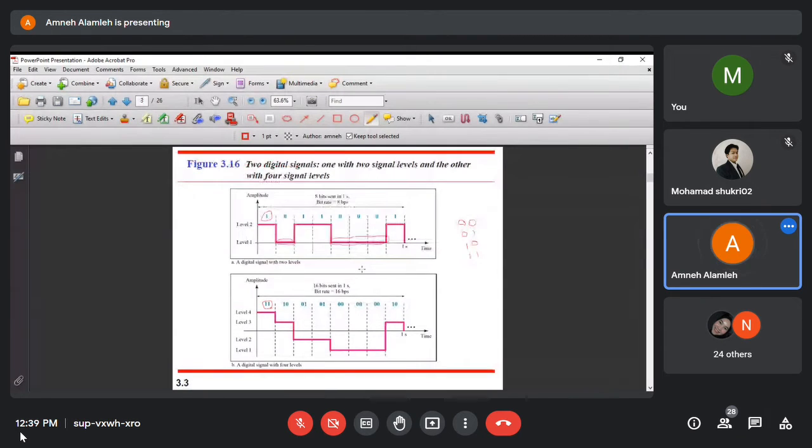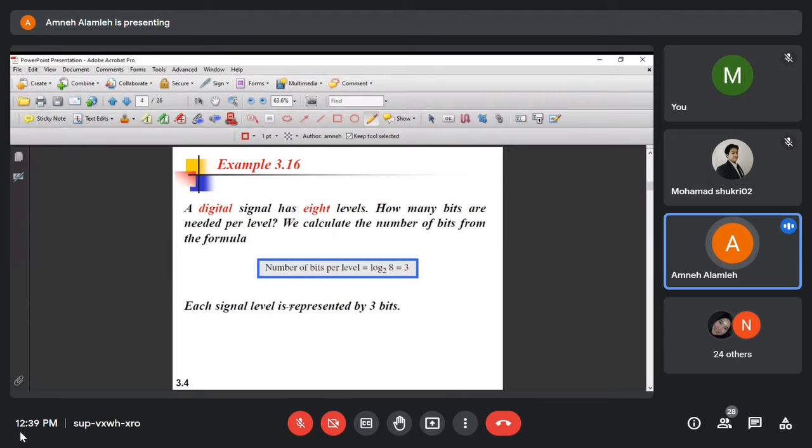Then we can have 2 levels, we can have 4 levels for the digital signal transmission. Now, we have an example of how to calculate the number of bits for each level. A digital signal has 8 levels. How many bits are needed per level? We calculate the number of bits from the formula.